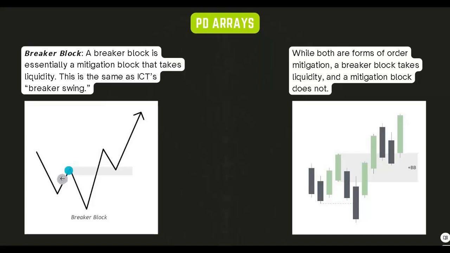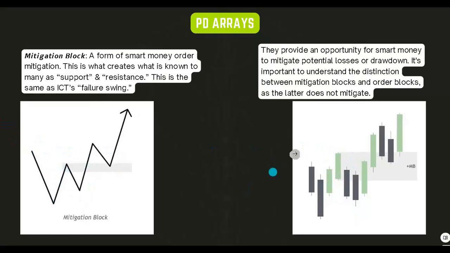You see, the breaker block takes place exactly where the mitigation block forms, right? But the only difference is that on a mitigation block, the lowest low is not taken out by the subsequent low. So this is a failure swing.